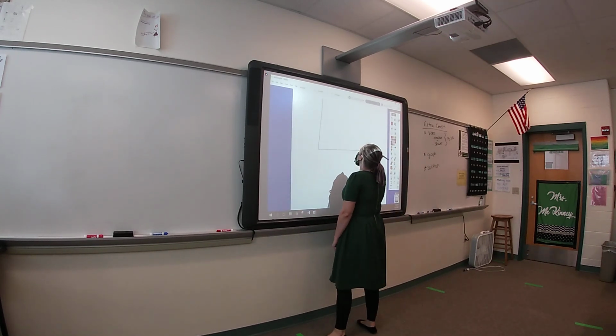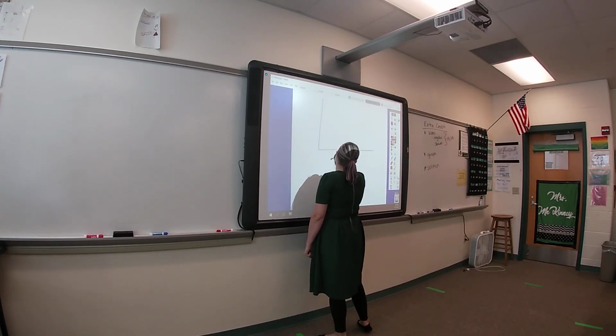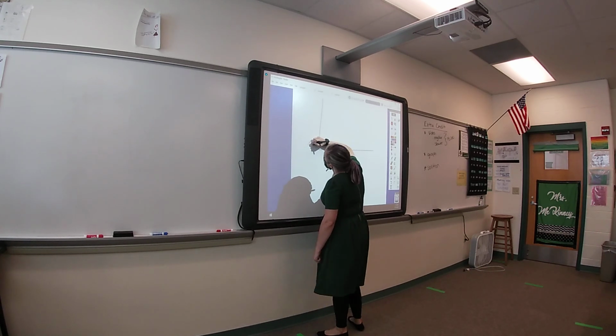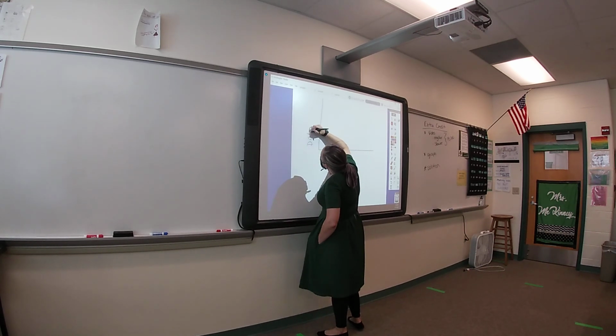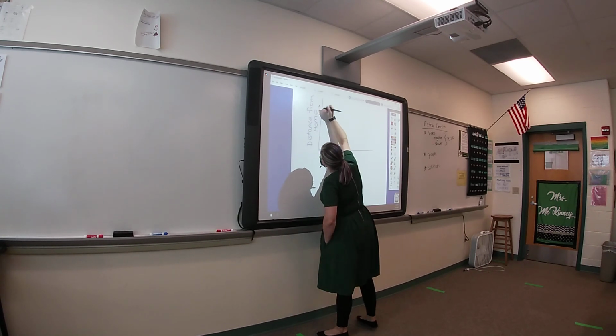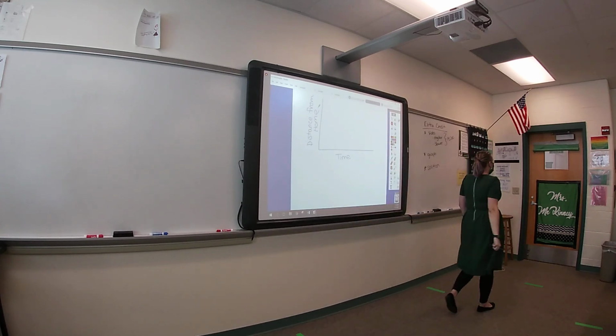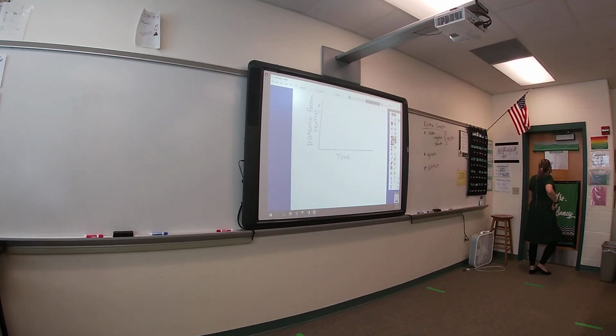This graph is going to represent my bike ride. And I'm talking about my distance from my home. Okay, so I'm going on a bike ride and I'm going to graph my distance from home.